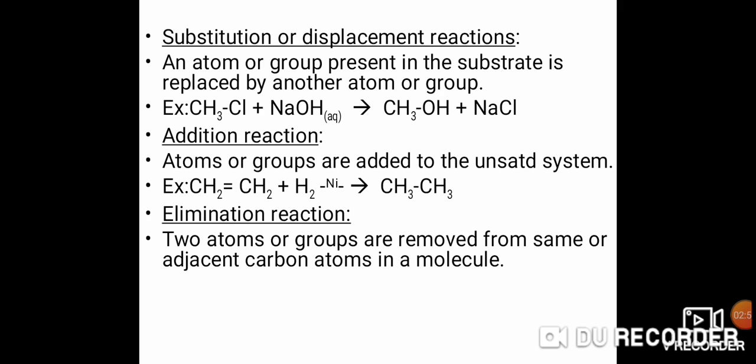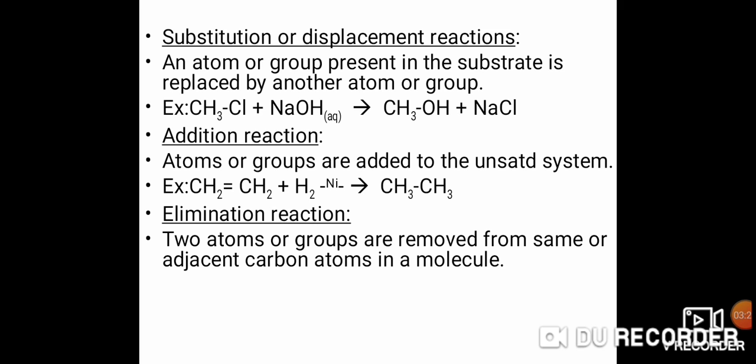Second is the addition reaction. In addition reactions, atoms or groups of atoms are added to the unsaturated system. This type of reaction can take place in hydrocarbons or organic compounds always having a carbon-carbon double bond, which means this involves the pi electrons.